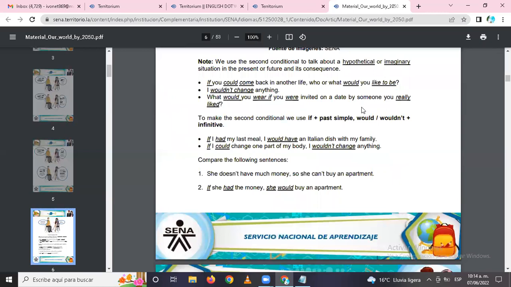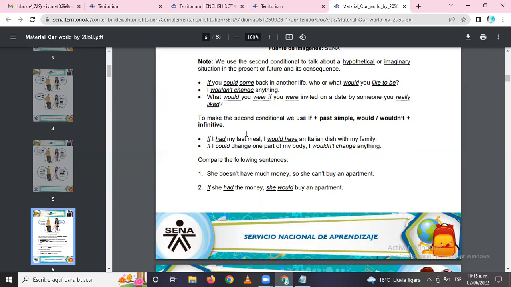Here we have the structure to form the second conditional. If, past simple, would, wouldn't, infinitive. Okay, here we have the negative form. If I had my last meal, I would have an Italian dish with my family.